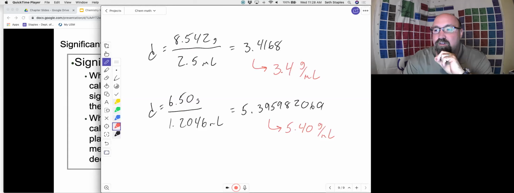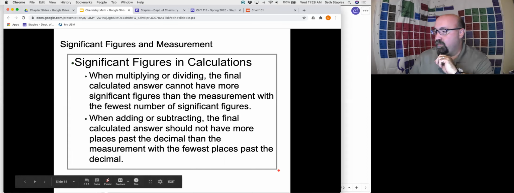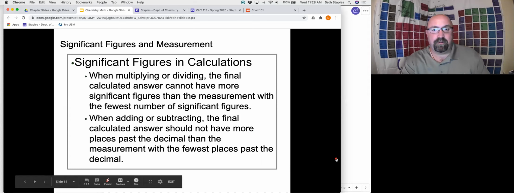Now the rules are a little bit different when it comes to adding and subtracting. When you're adding and subtracting, what you're actually looking for is the places past the decimal point. Your final answer should not have more places past the decimal than the measurement with the fewest places past the decimal. I know it's kind of wordy, so let's just look at an example.